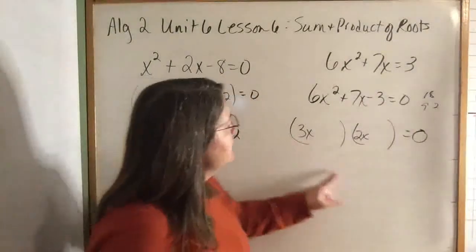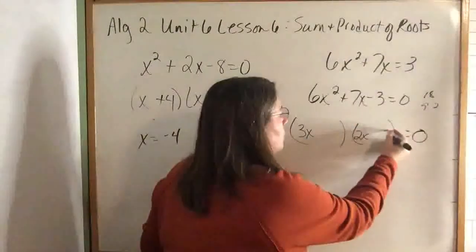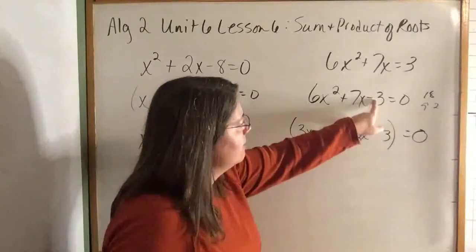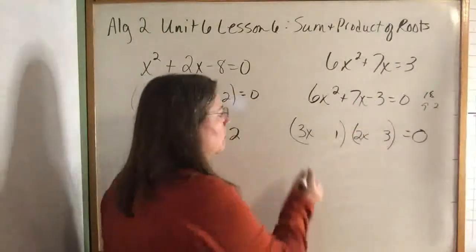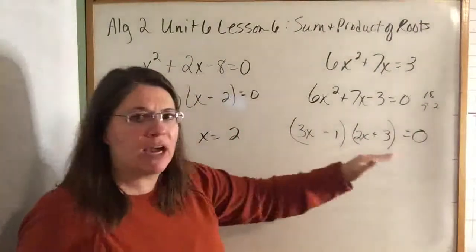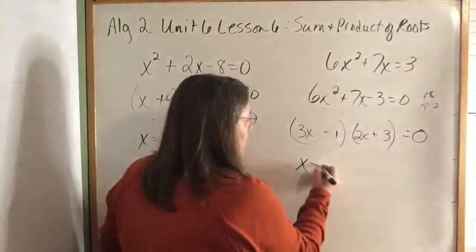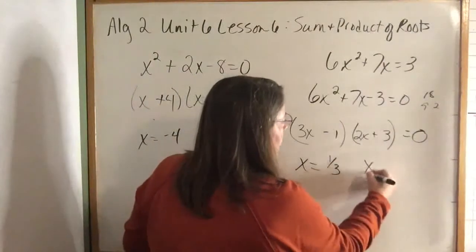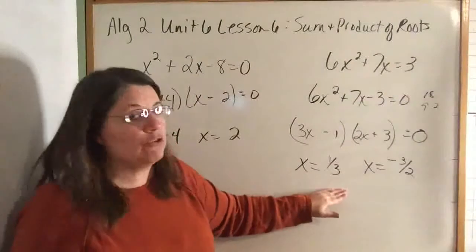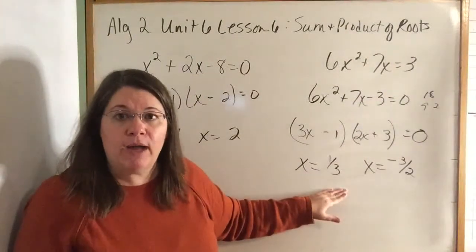Then 3 times what gives me the 9? That would be 3. And 2 times what gives me the 2? That would be 1. My signs are different. The plus goes with the big number, the 9, so I need the plus here and the minus there. Then I set each factor equal to 0 and solve. So x equals 1/3, and x equals -3/2. Notice these are two real rational roots as well.